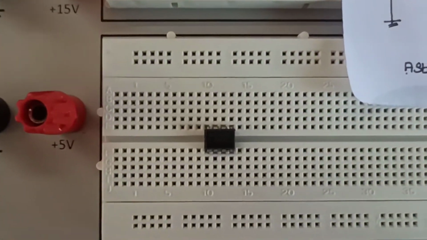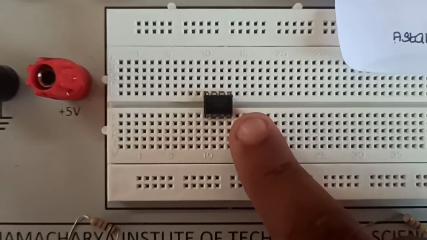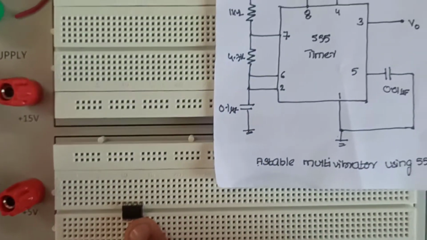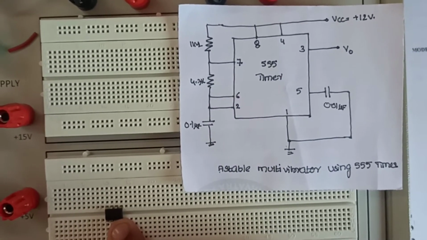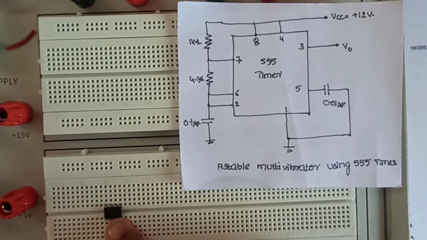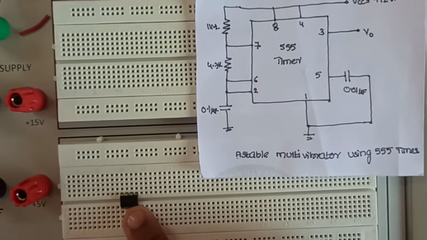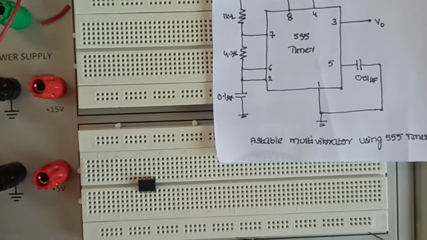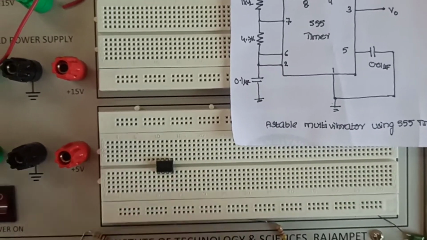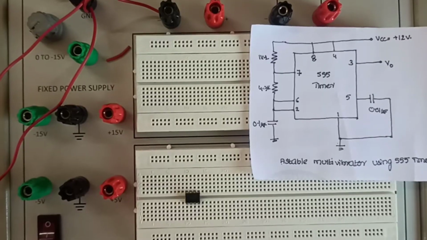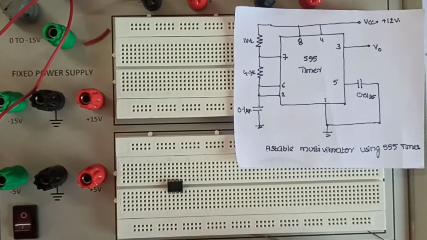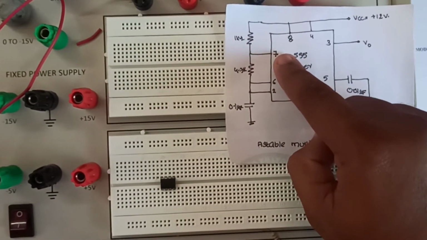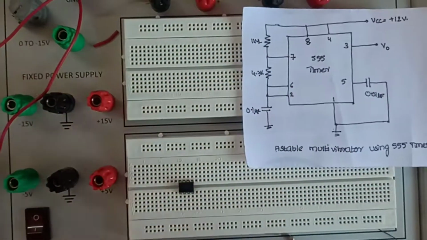As you see, I have taken a 555 timer IC which is an 8 pin IC, and as per the circuit diagram we are going to connect these pins and their connections. So we'll start with resistors in the circuit. From pin 8 to pin 7 there is a resistor of 1 kilo ohm.